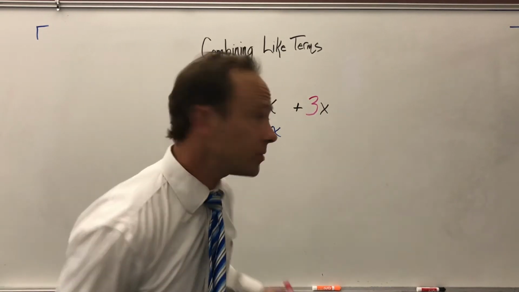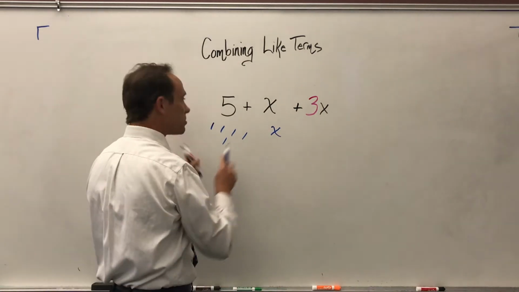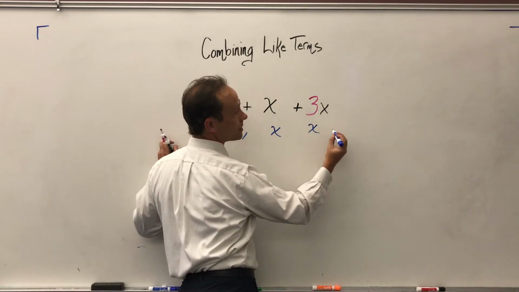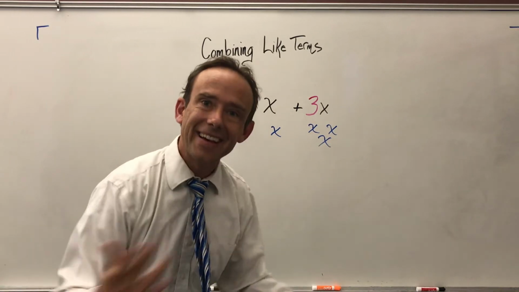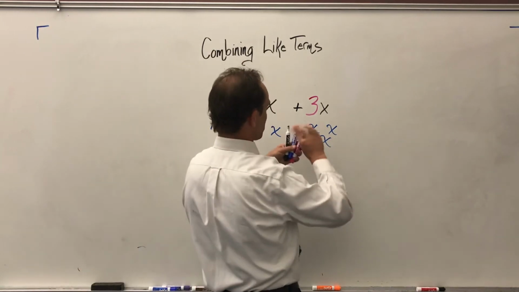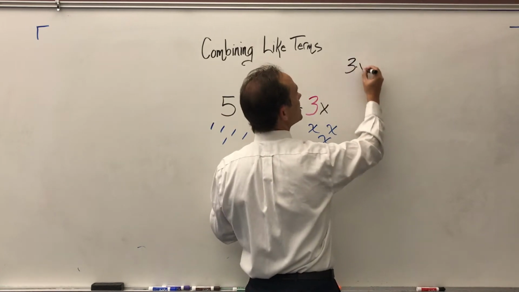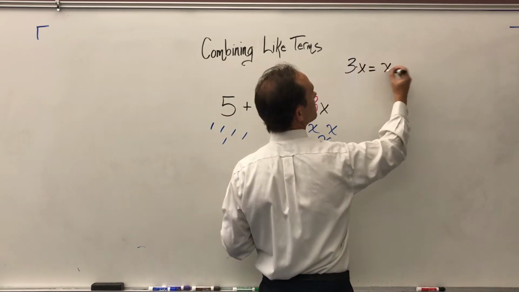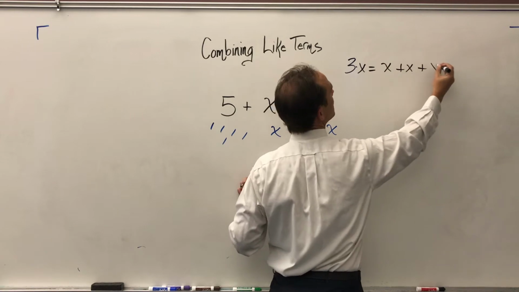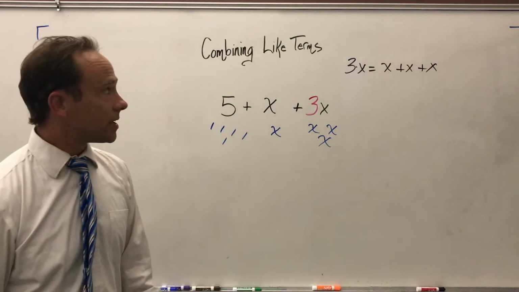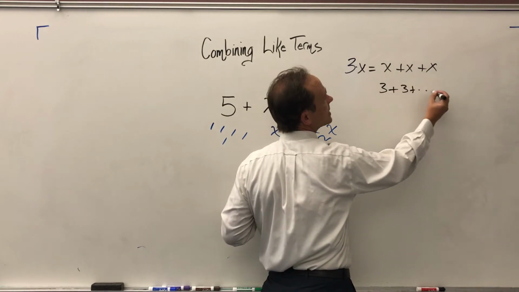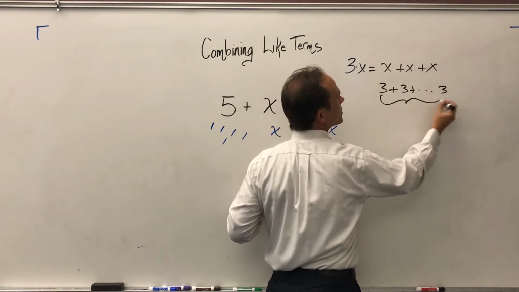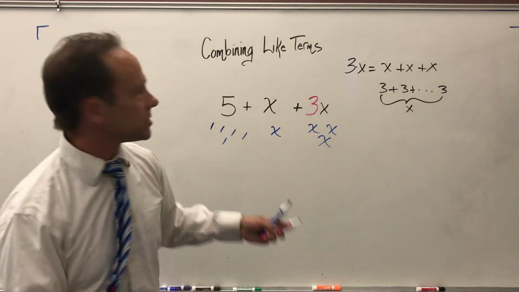Because I know that 3x is x, x, and x. It's literally 3 x's. I mean, 3 times x is going to be x plus x plus x, or it's 3 plus dot, dot, dot. So it depends. It's either one.